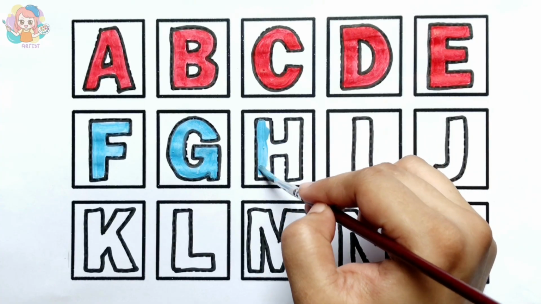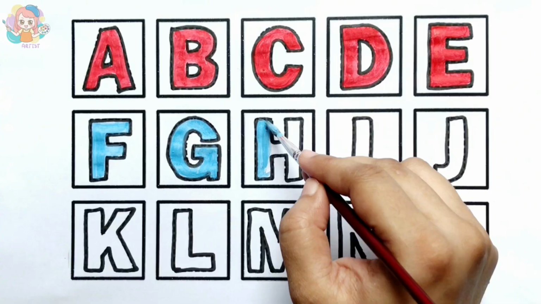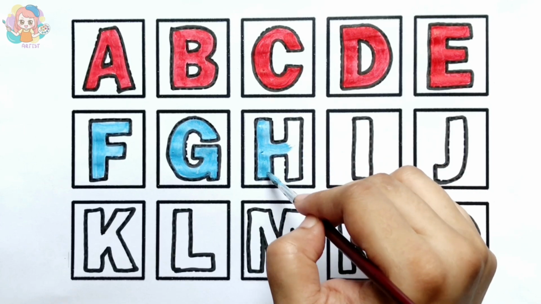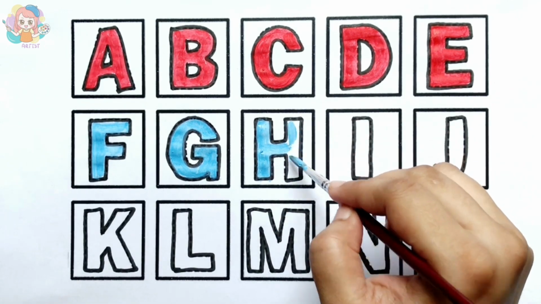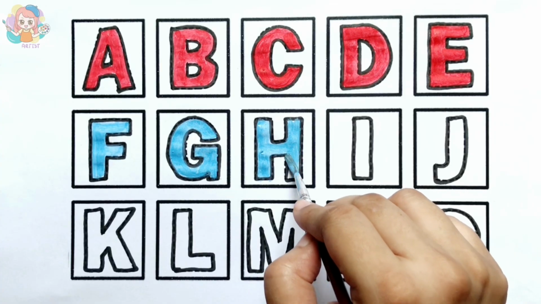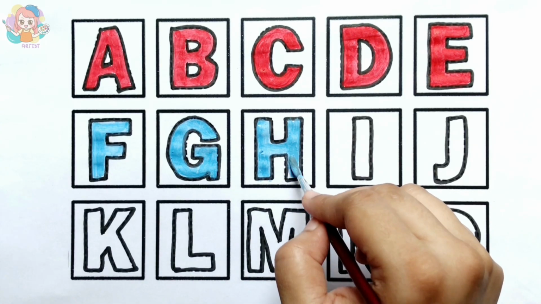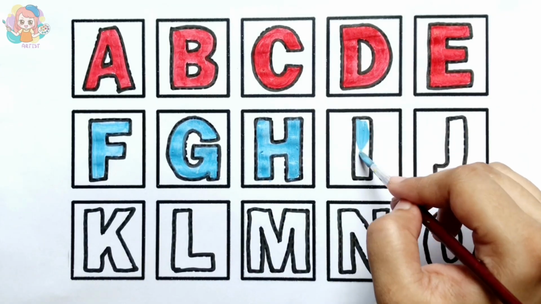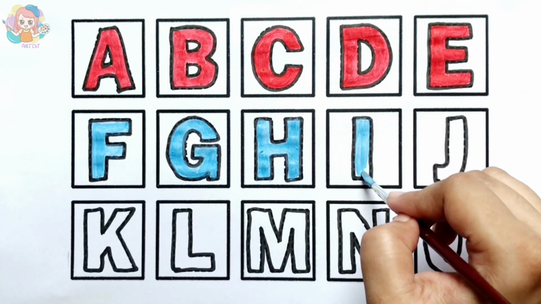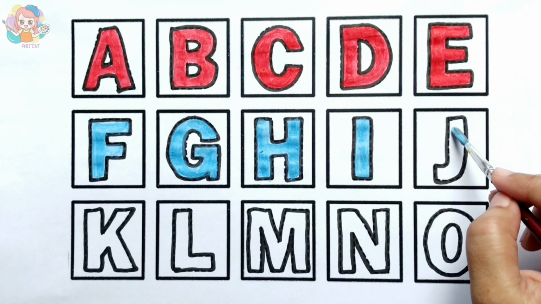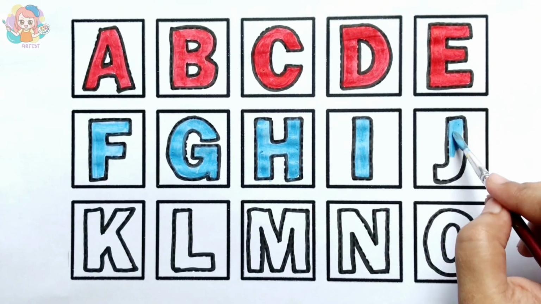H. H for hedge. I for insect. J. J for jellyfish.